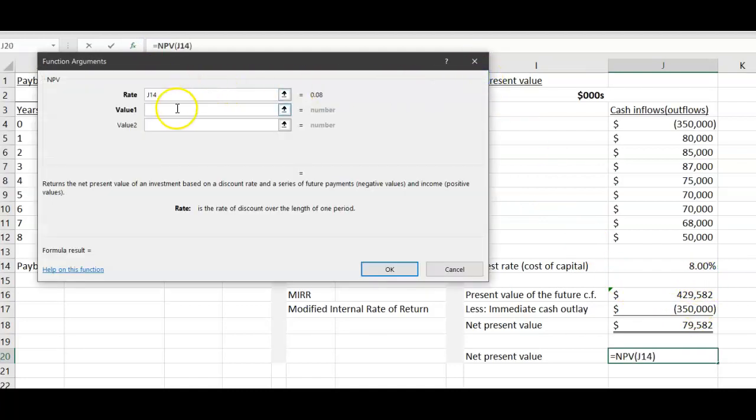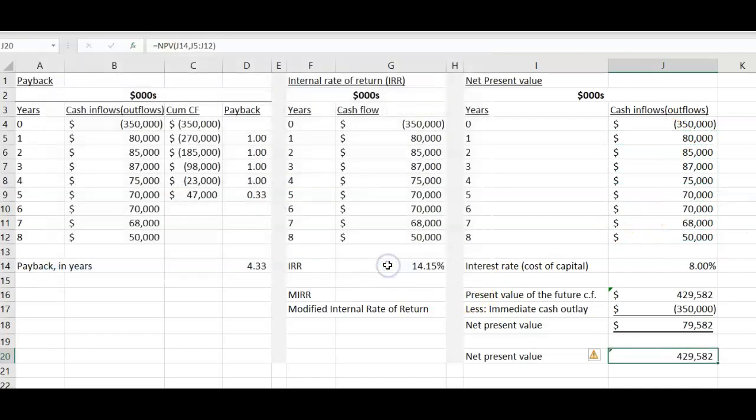And now what you need is the NPV, so beginning in period 1 through the end. And you're not done. That's just the positive cash flows. And then you would have to add in, by adding another component to this formula, the 350,000. So that's how you would do it with Excel in one cell. And you see here that the numbers are exactly the same.